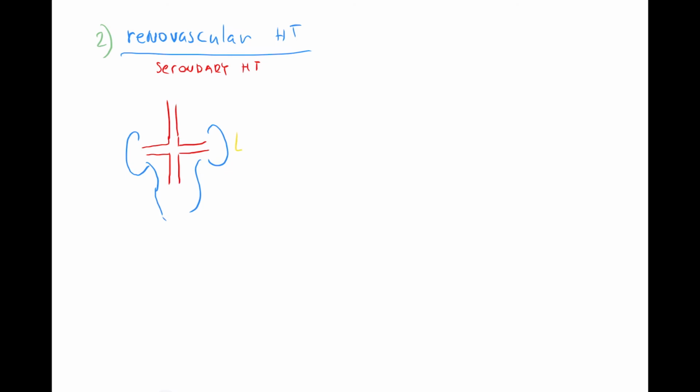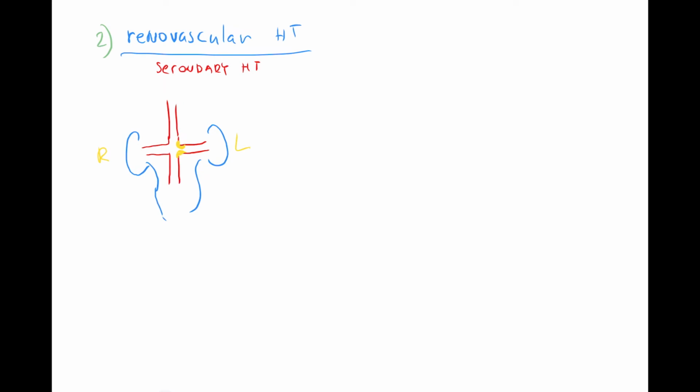Here's the left kidney, here's the right one. And this left one has a narrowing over here. The narrowing could be whatever, it could be a clump, it doesn't matter. But the most common cause of narrowing of this artery is atherosclerosis. As you get older, atherosclerotic plaques grow there and block the artery.